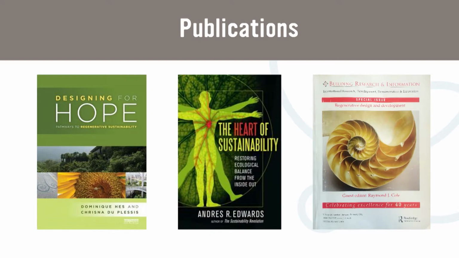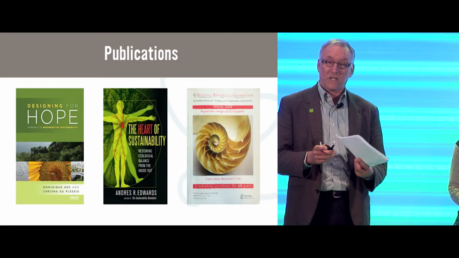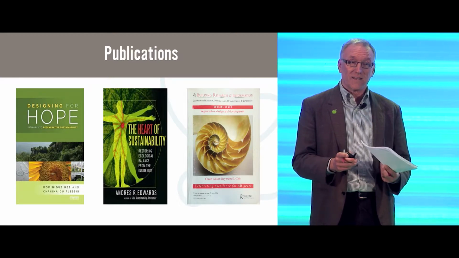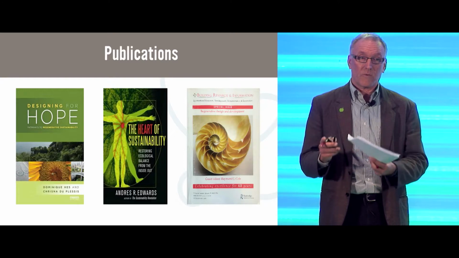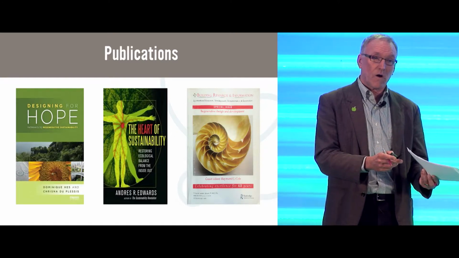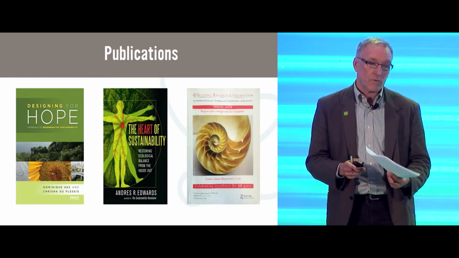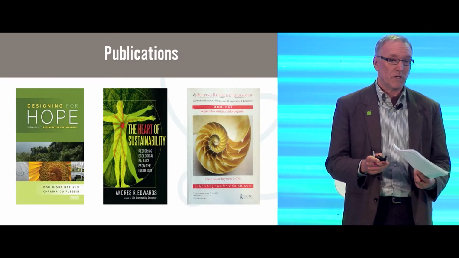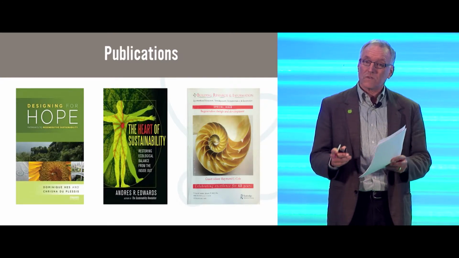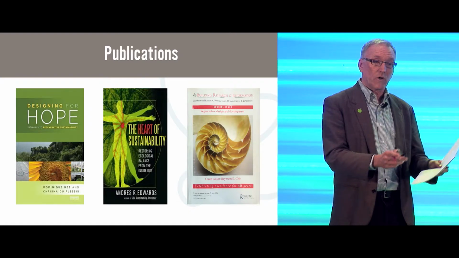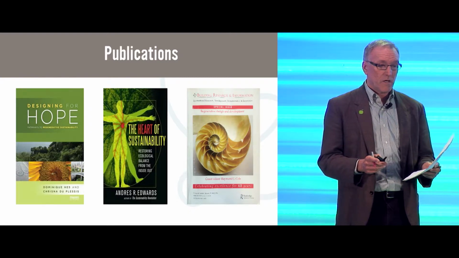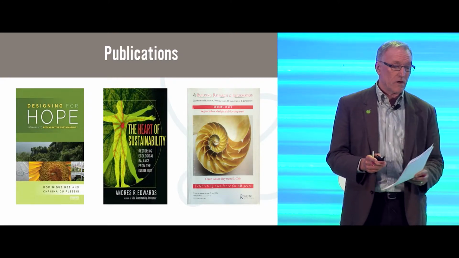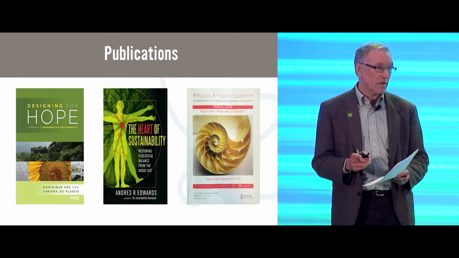In fact, Krishna Duplessis was a keynote speaker at the first Greenbuild in Austin, and she said at that time, sustainability isn't enough. We need to start thinking about regeneration. Now she has co-authored a book related to that with Dominique Hes from University of Melbourne. They talk about lenses as one of those guiding frameworks that can help you in your quest. It's an inspiring book. Another book that's just out is The Heart of Sustainability from Andres Edwards.